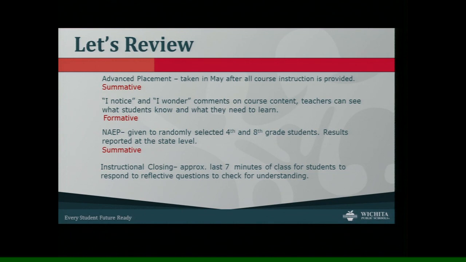And then instructional closing. Takes about 7 minutes of class time for students to respond, to reflect on questions, to check for understanding. Can you guess what it is? Formative. And so the teacher will be able to use this information to determine what needs to be retaught to which standards.